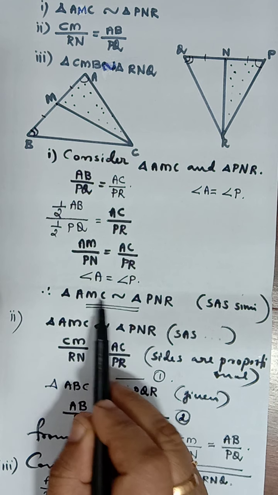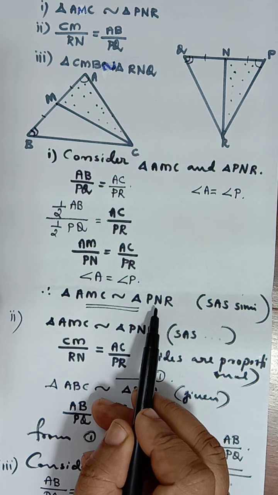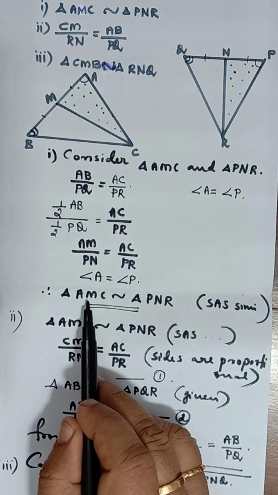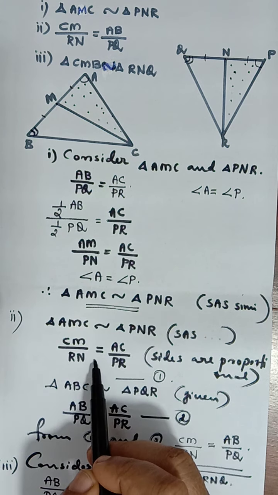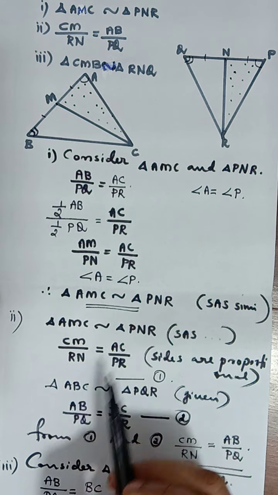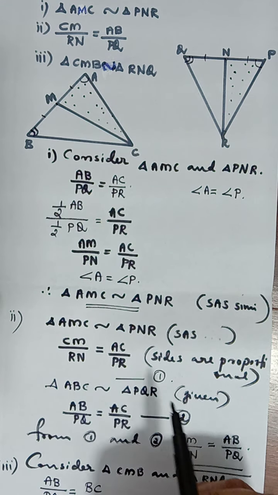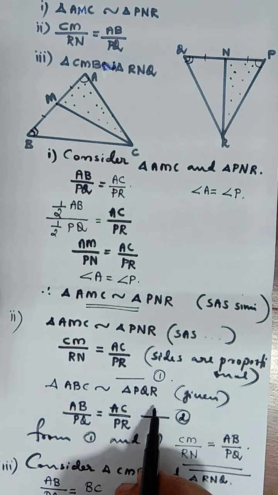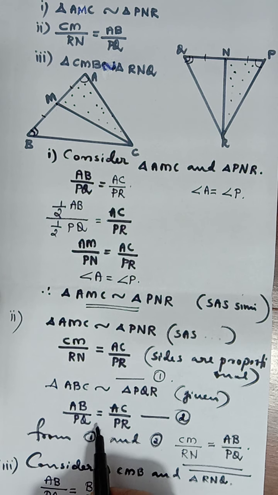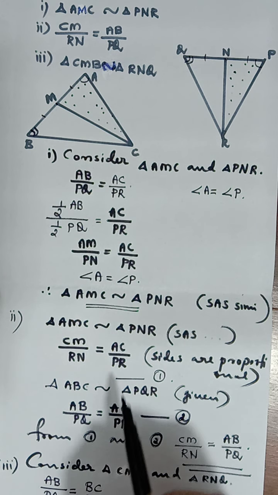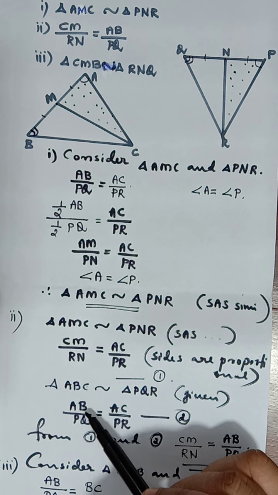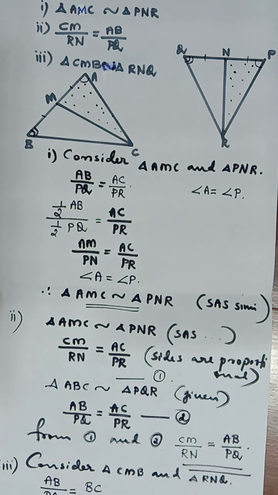Therefore CM by RN is equal to AC by PR. That proportionality we are writing, and from the given, triangle ABC is similar to triangle PQR. Therefore AB by PQ is also equal to AC by PR. Compare both, you are getting CM by RN is equal to AB by PQ.